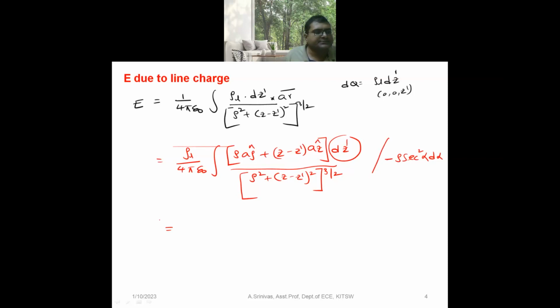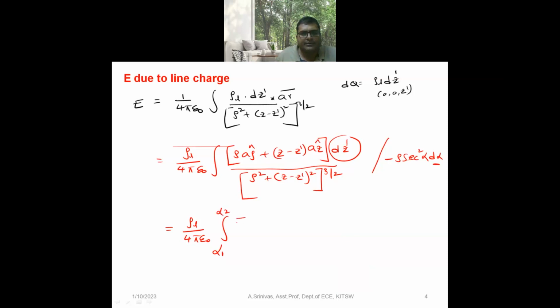Now we can rearrange this as rho L by 4 pi epsilon naught. Here, for the finite line charge, the angle alpha starts from alpha 1 to alpha 2.